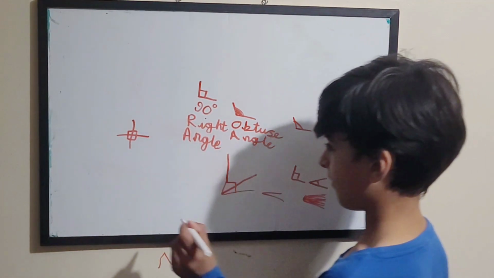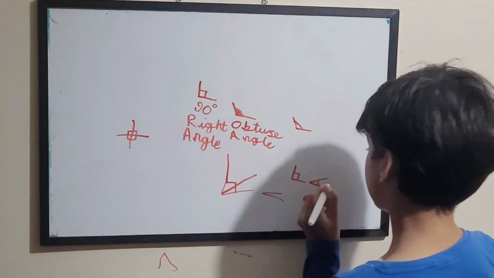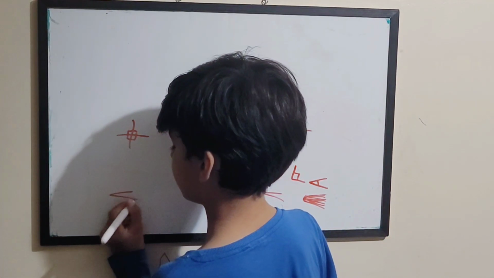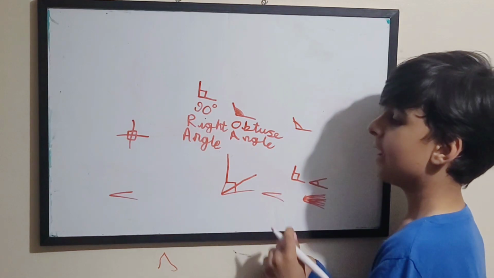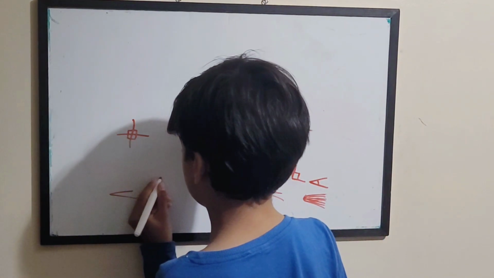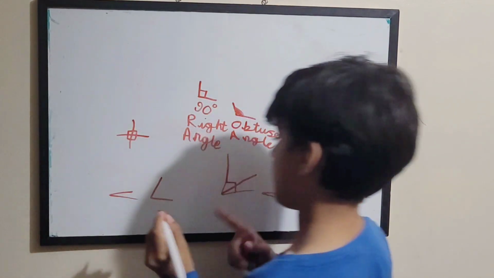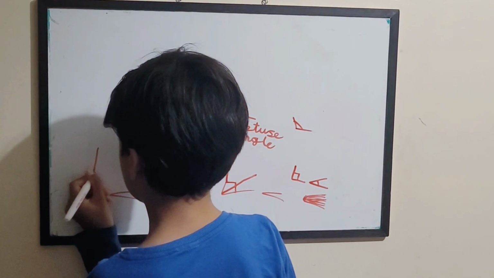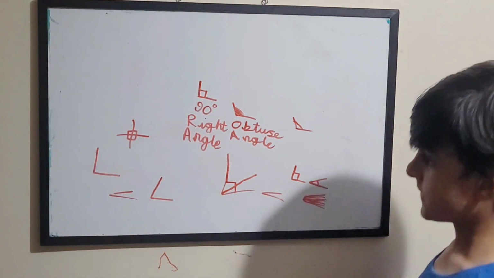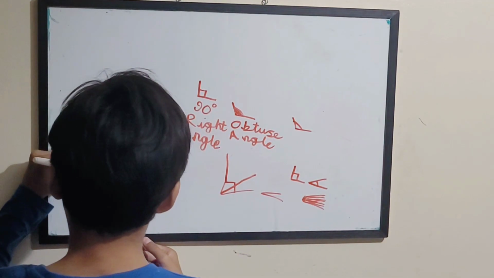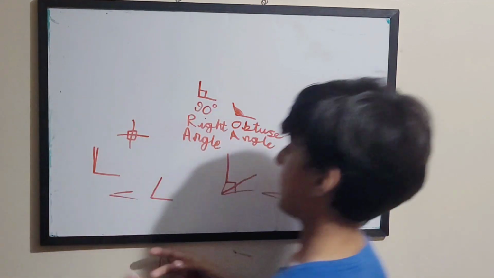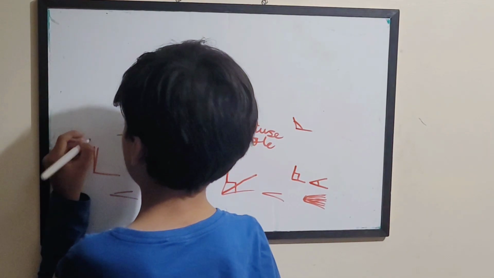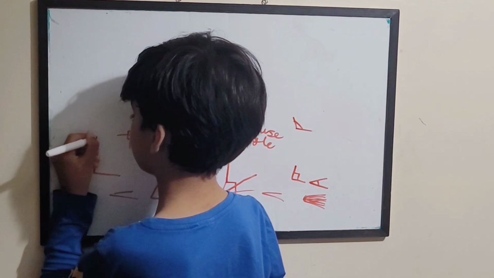Okay, now this one is less than 90 degrees. So an acute angle could be an angle like this. Or like this. Probably it looks like 84 to me.